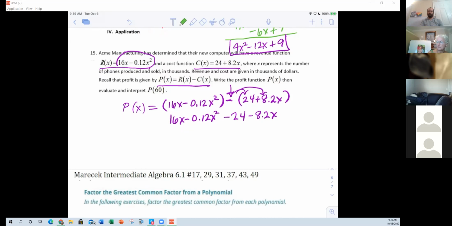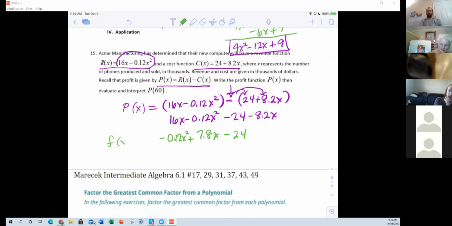Uh-huh. So it's going to be 7.8x, okay. And then what else? And put the rest of the remaining numbers down. Okay. And I always like to do it in descending order of power because that's what most mathematicians do. So that's going to be negative 0.12x squared plus 7.8x minus 24, P of x.